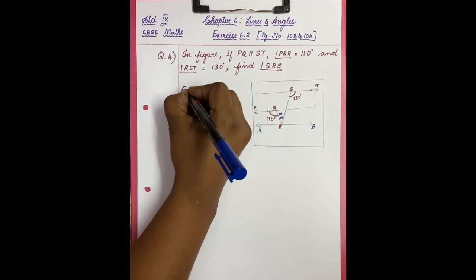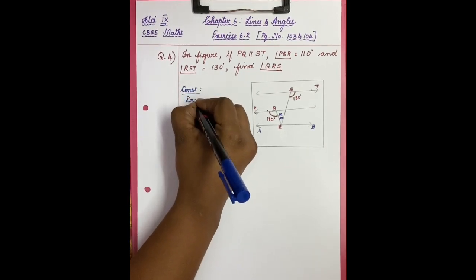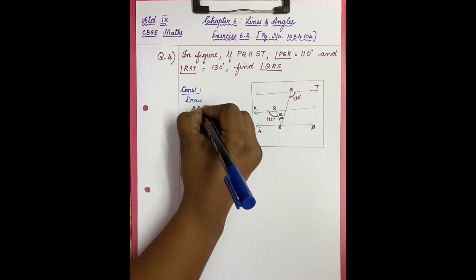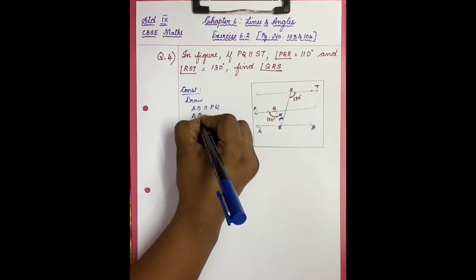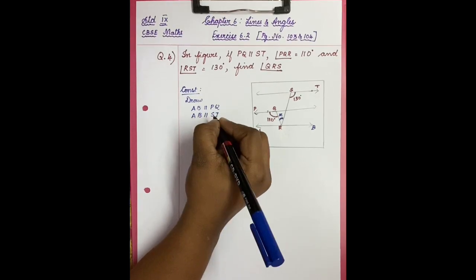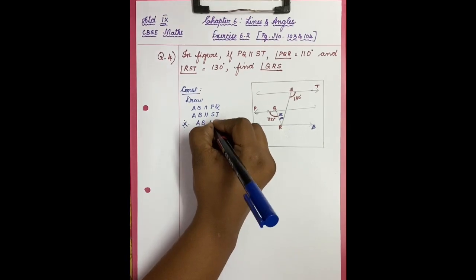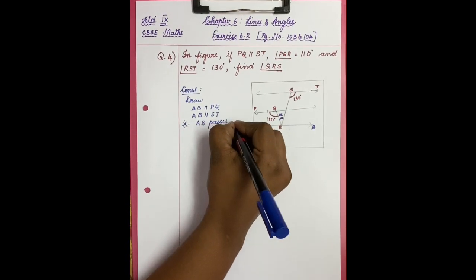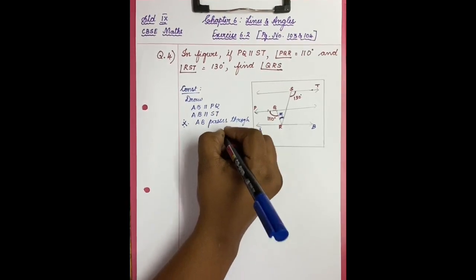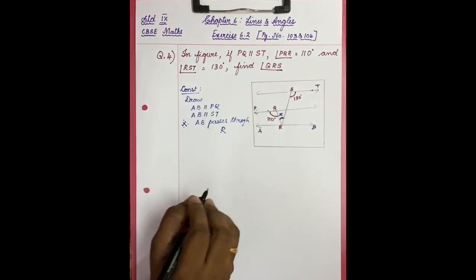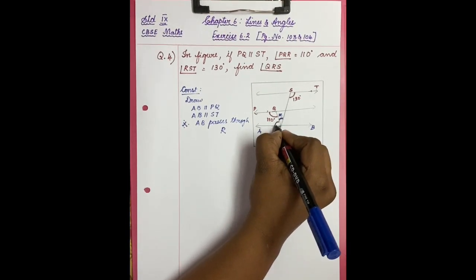So what is the construction? Draw AB parallel to PQ, and automatically AB is parallel to ST also, and very important, AB passes through R. Now, because of this line, there are two more angles.